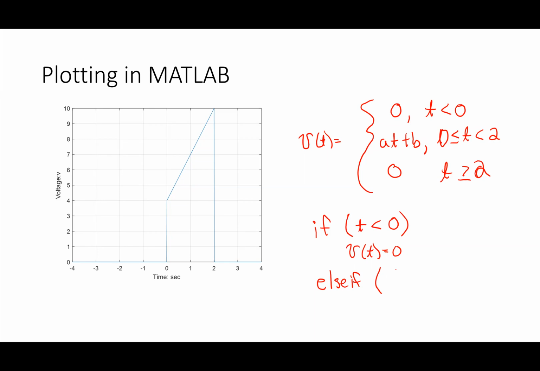Could you do t less than 2? Yep. If it's in this range, right, then I want v of t to be equal to a t plus b. Else, I don't need to define anything for an else. Else, the only thing it could be is that t is greater than 2 and it's equal to 0.